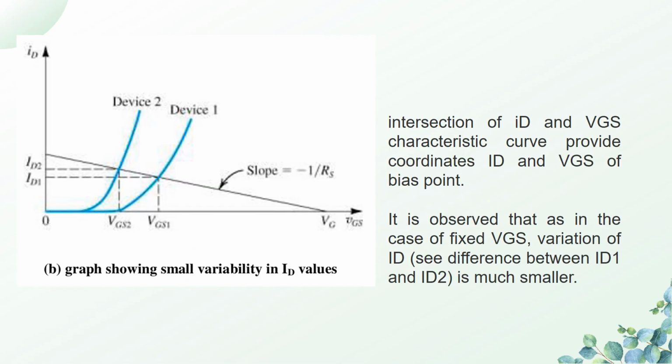Just consider the intersection of ID and VGS. On the y-axis we have ID and on the x-axis we have VGS, and the intersection of the curves provides the coordinates ID and VGS, and that gives the bias point. Here it is observed that, as in the case of fixed VGS, the variation of ID is similar. So the same manufacturer's two devices will have different performance. It shows the non-linearity of two devices.